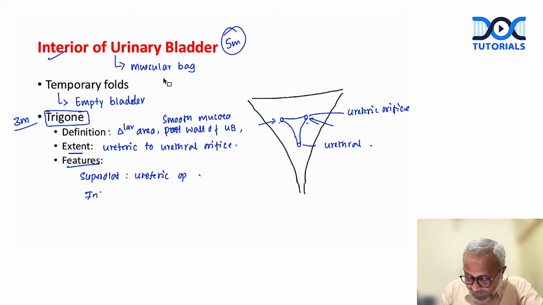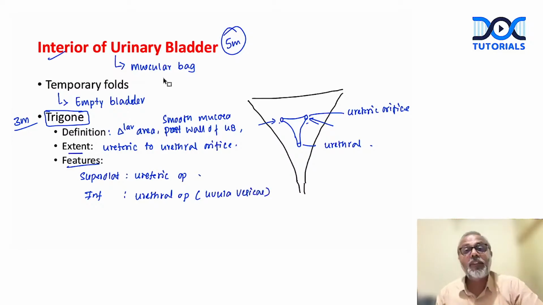Then inferiorly, what do we have? Inferiorly, we have the urethral opening. And this urethral opening is guarded by the uvula vesicae, right? Uvula vesicae, right? Which is an elevation produced by the median lobe of the prostate. Done. So this is the inferior boundary.